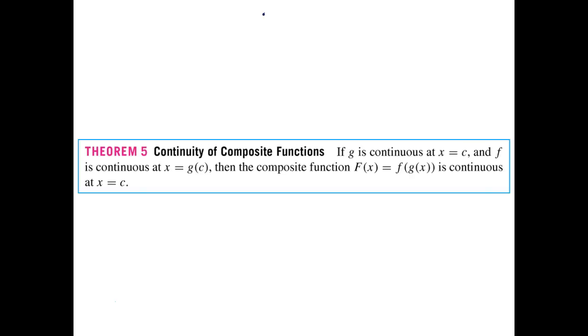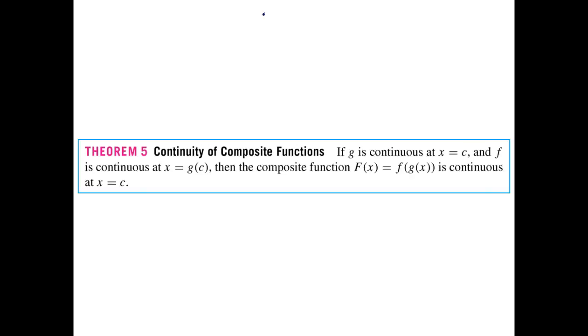So your bigger function, capital F here, is a little f evaluated at g of x. Okay? Which means give me an x, any x. I'll first evaluate g at that x, and as long as that x is close enough to c, it's going to be continuous around c.